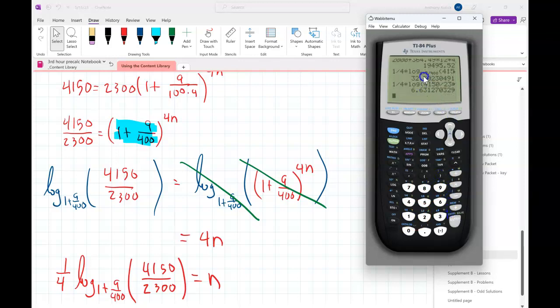Yeah. So there's the problem. It didn't like it. For whatever reason, it did not like the fact that we put an algebraic expression down there.